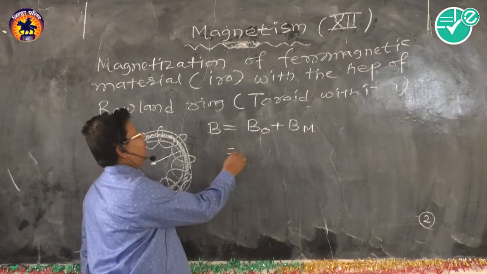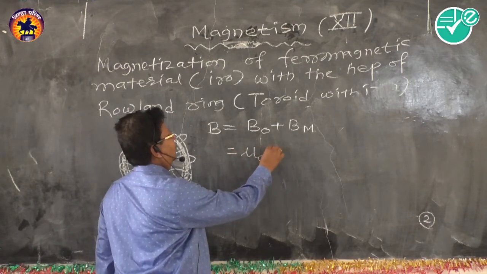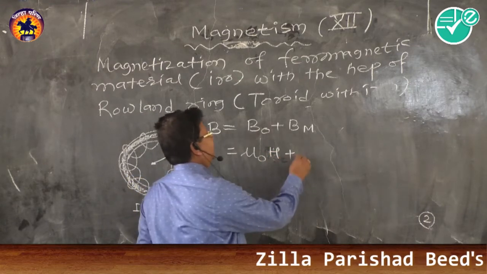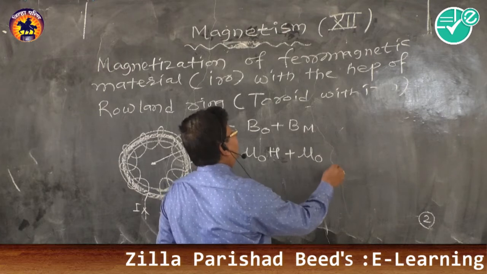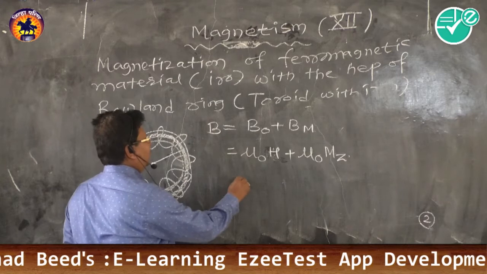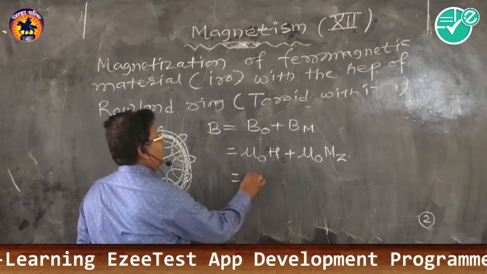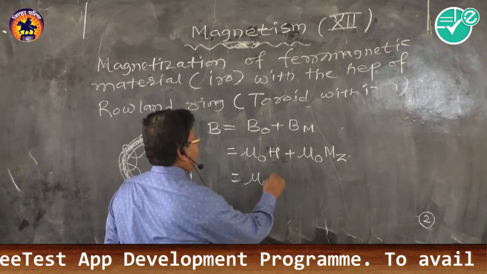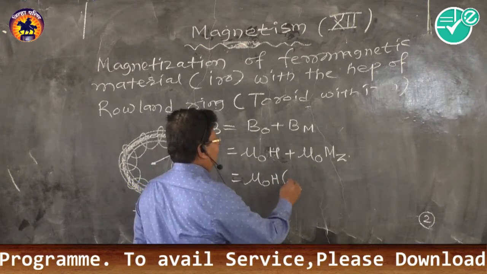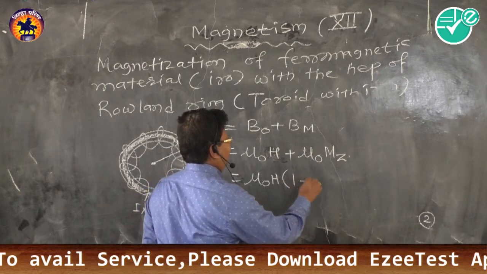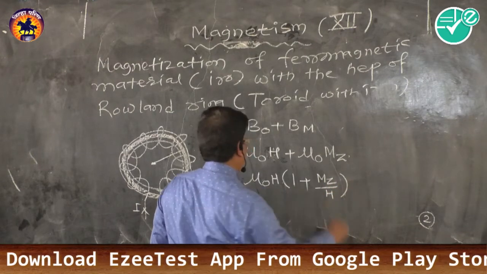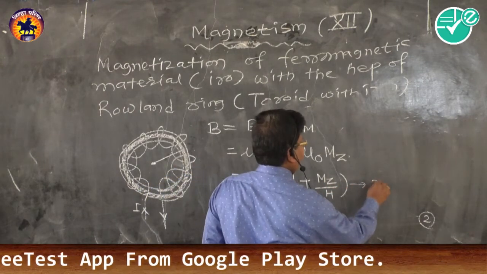The value of B0 is mu 0 into H plus value of Bm is mu 0 into Mz, which is equal to mu 0 H common, inside the bracket 1 plus Mz divided by H. Suppose this is equation number 3.